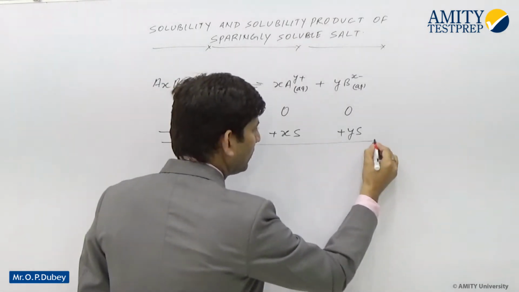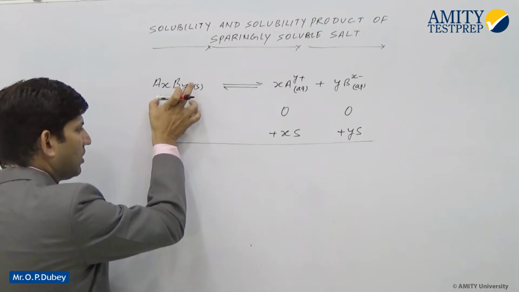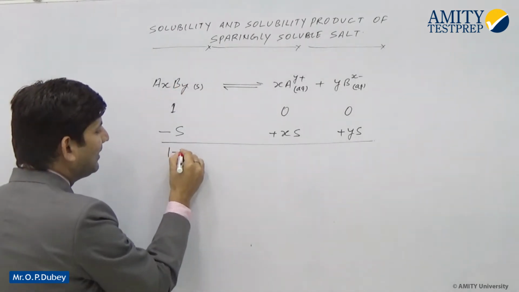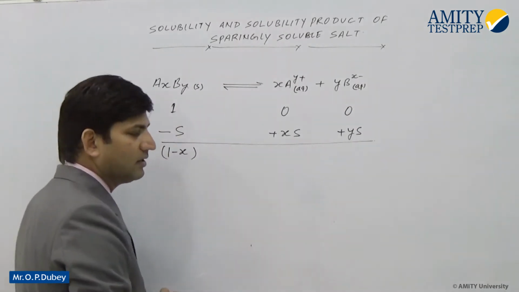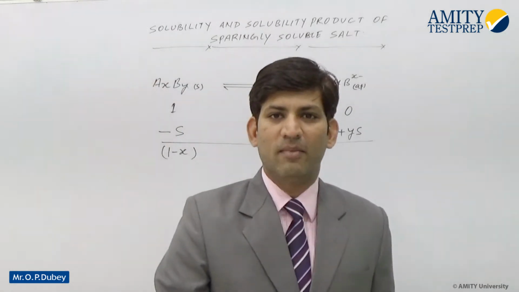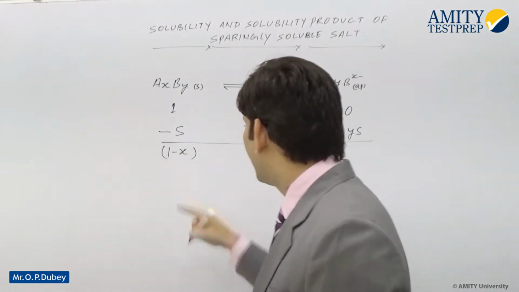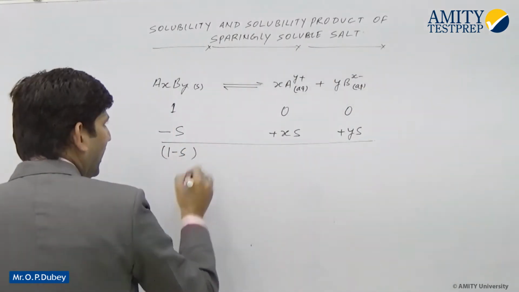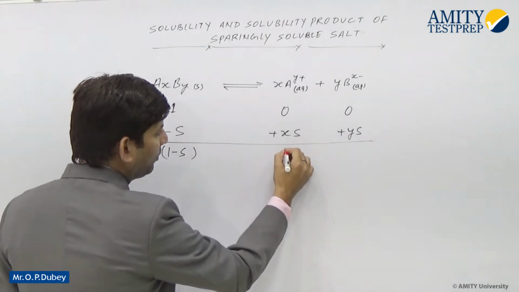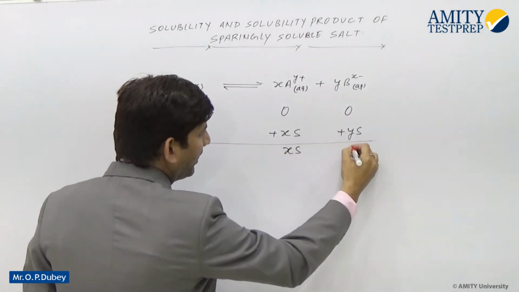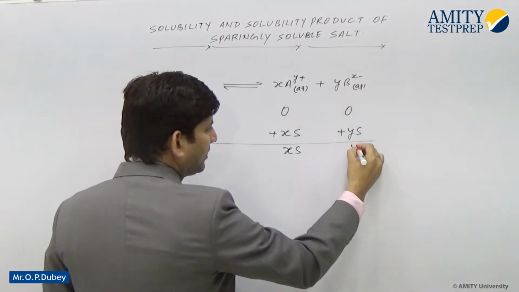At equilibrium, the undissociated moles of solid AxBy is 1 minus S, and the concentration of A^y+ at equilibrium is xS and the concentration of B^x- is yS.